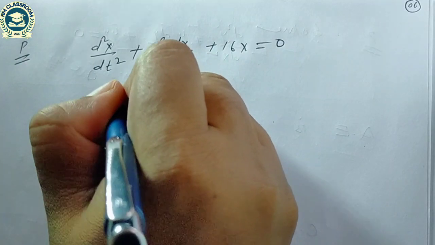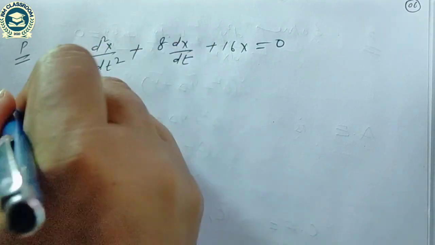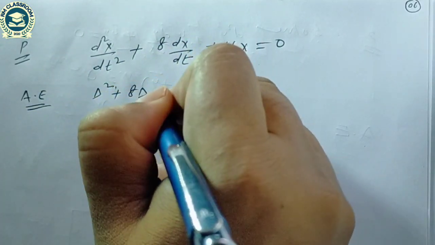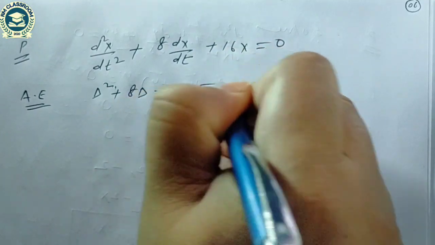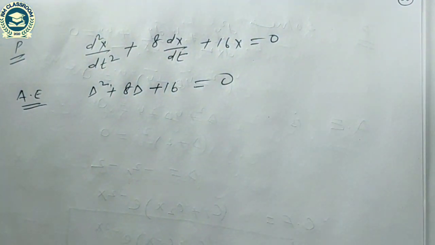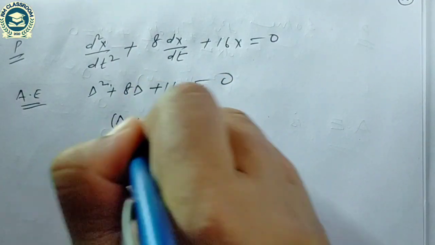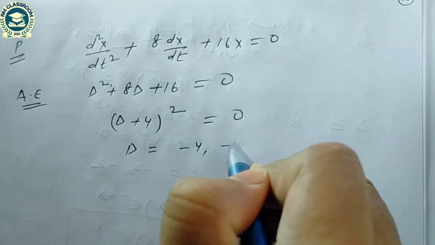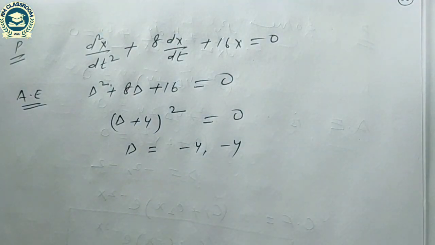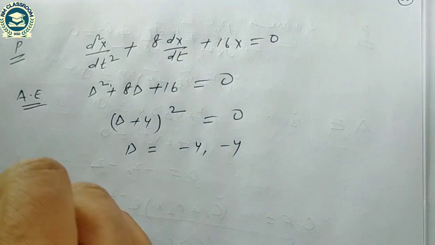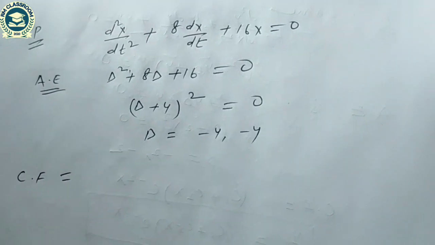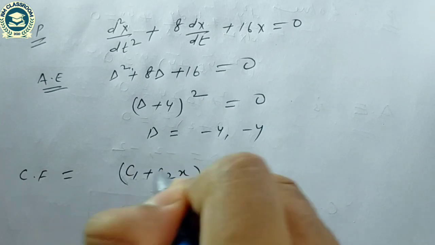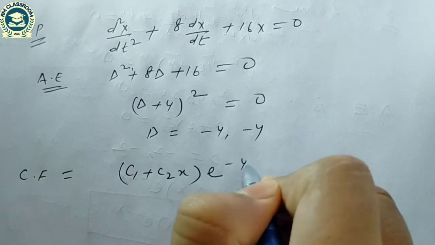So we can write the auxiliary equation D square plus 8D plus 16 is equal to 0, or we can write (D plus 4) whole square is equal to 0. So D is equal to minus 4, minus 4. So once again here the roots are real and repeated. So the complementary function is equal to (c1 plus c2x) into e to the power minus 4t.